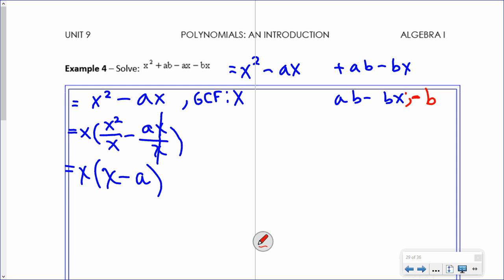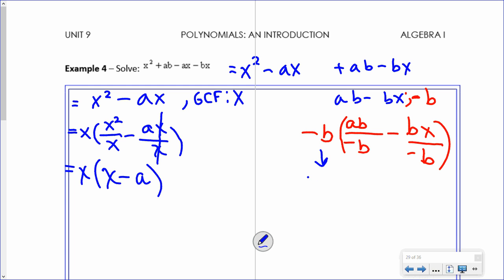We're going to skip the step on why we're doing that, but we're just going to divide out negative b. So let's do it. Negative b, ab divided by negative b, minus bx divided by negative b. So from left to right, my greatest common factor, negative b, comes down.